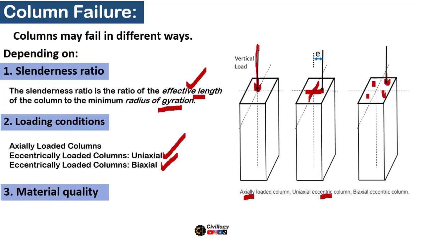The third main cause of column failure is material quality. These 3 points are very important and play a vital role in the sustainability of the structure. Now let us discuss the major modes of failure in columns.